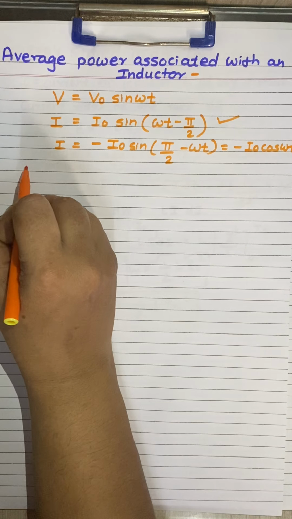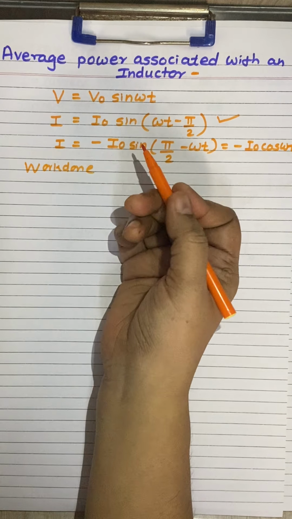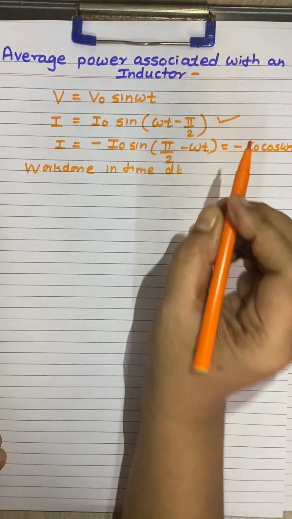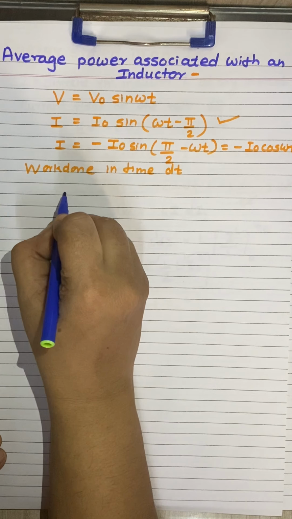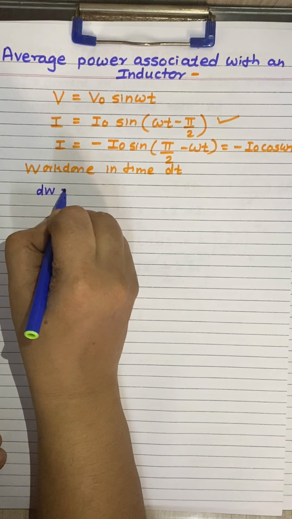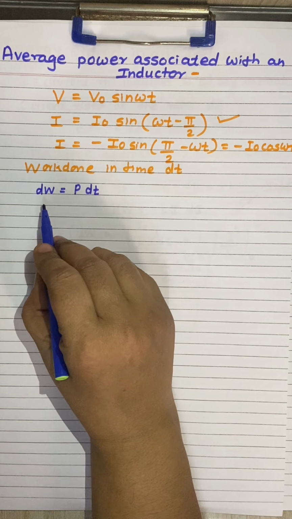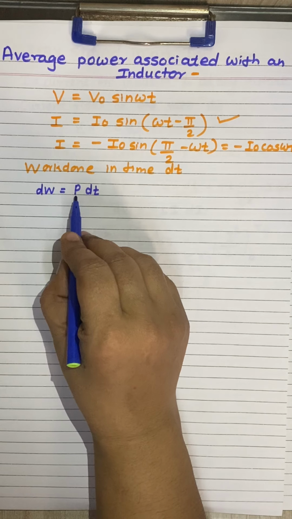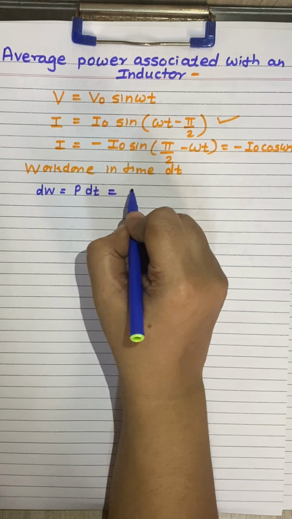So we want to find out now the work done. Work done in time dt, and dt is very small, so the work done in dt is dW is equal to P dt, because power is nothing but rate of doing work.